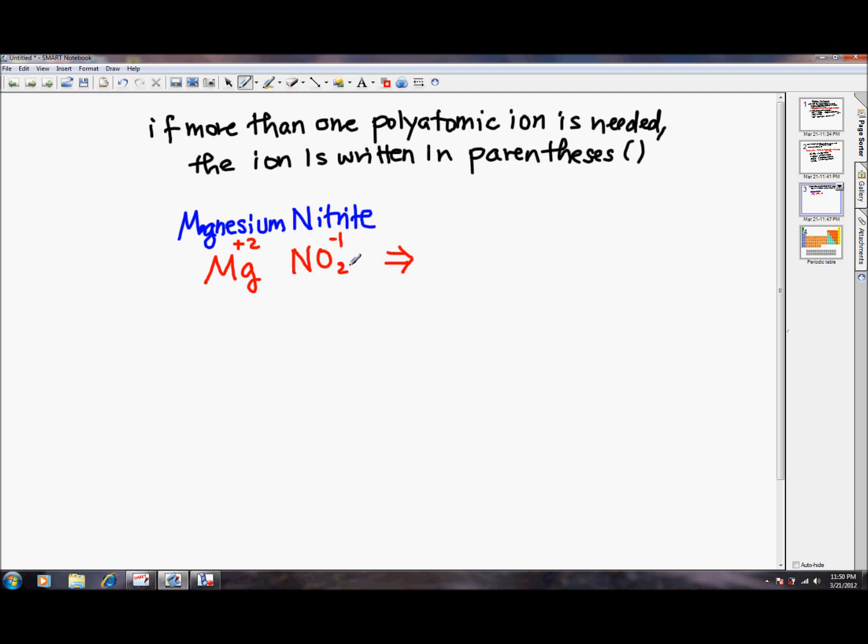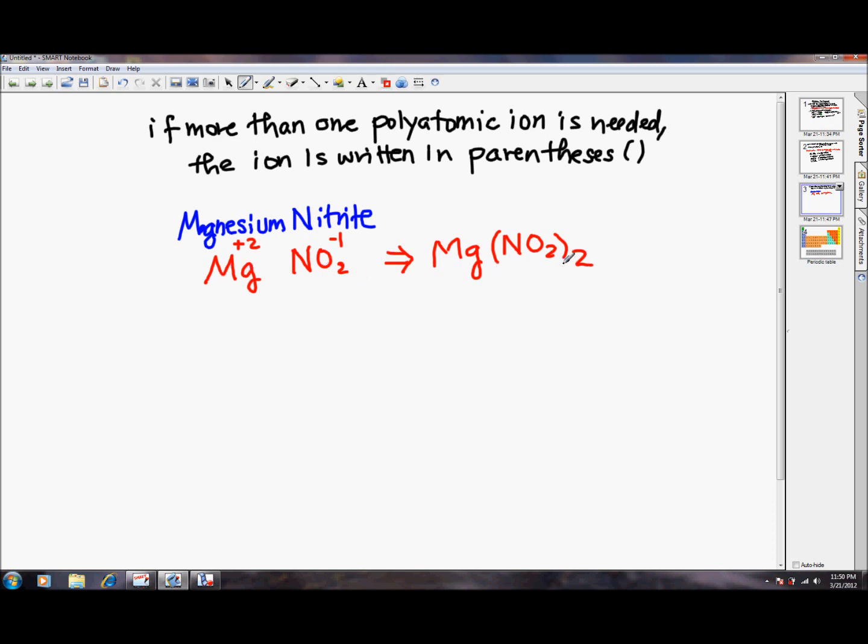Be very careful that this 2 here has nothing to do with this 2. I need 2 of this entire group to balance out the magnesium. So when I write the chemical formula, how do I write that I need 2 NO2s? I'm going to put the entire NO2, and then I'm going to put another 2 on the outside.